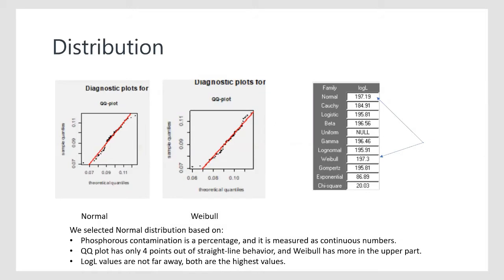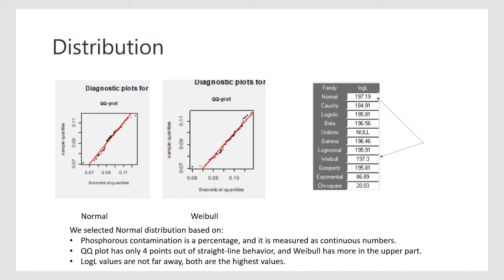The distribution that our data follows is that of a normal distribution. We selected that because we saw in the QQ plots that the normal and the Weibull distribution are quite similar, but we think that there are fewer dots outside of the line in the normal distribution.